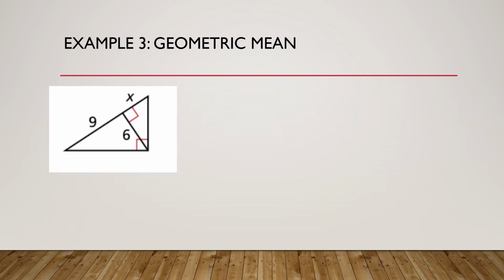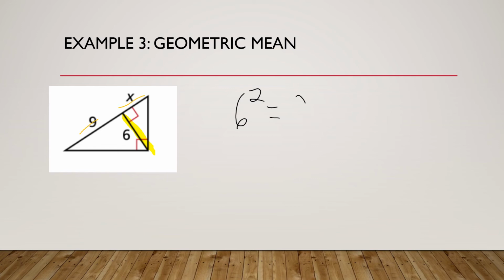For example, we want to find x in our right triangle, and we know that the altitude, which is 6 squared, is equal to those other two pieces multiplied together.